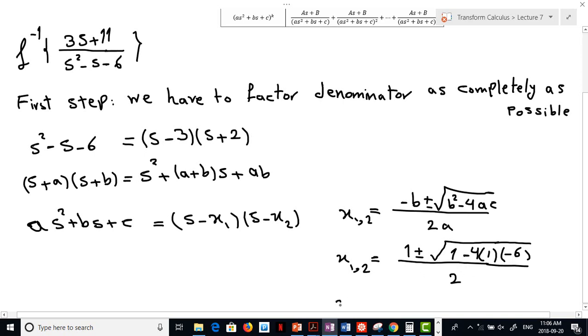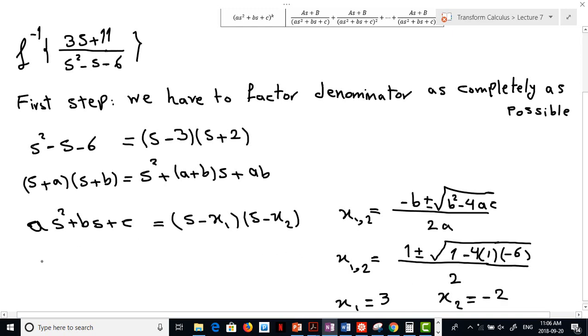As a result, x1 is equal to 1 plus 24, which is 25, root of 25 is 5, so 1 plus 5 divided by 2 is 6 divided by 2, which is 3, and x2 is 1 minus 5 divided by 2, which is minus 4 divided by 2, which is minus 2.